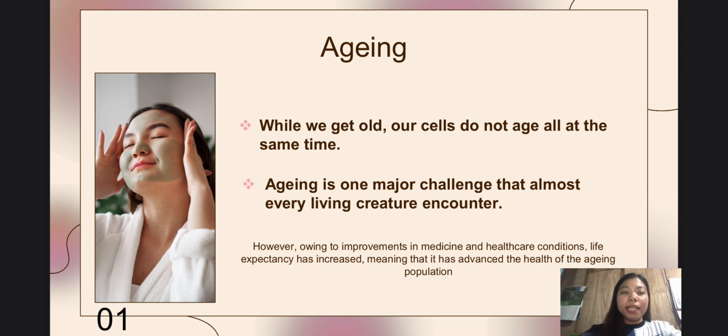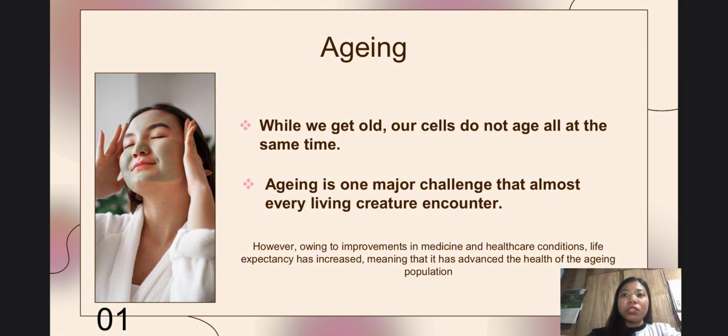Aging can be defined as the process in which there is a progressive time-dependent decline of bodily function. While we get old, our cells do not all age at the same time, and this results in imbalances in the fitness status. Thus, it is vital for healthy aging that damaged or suboptimal cells are eliminated to promote the tissue's well-being.